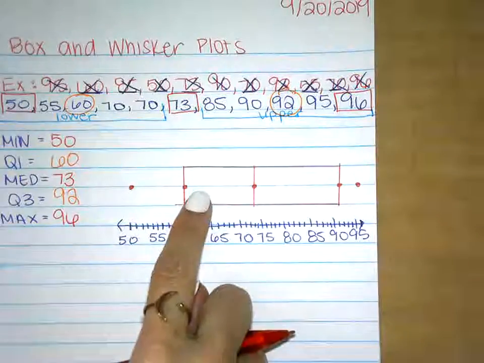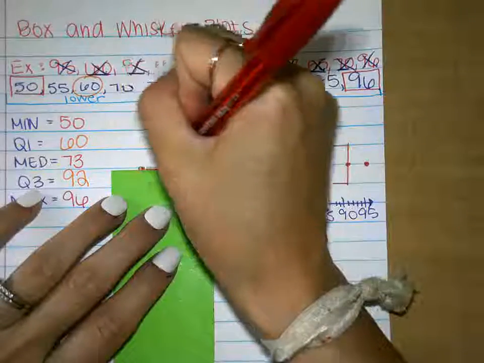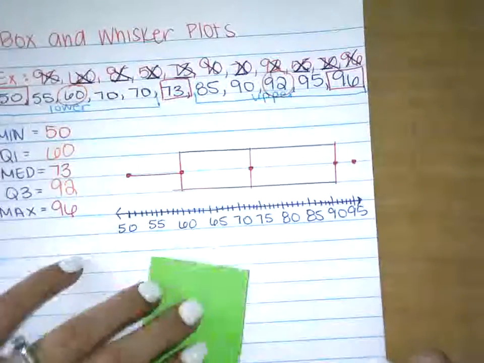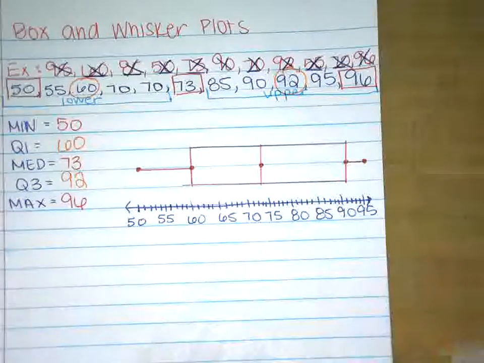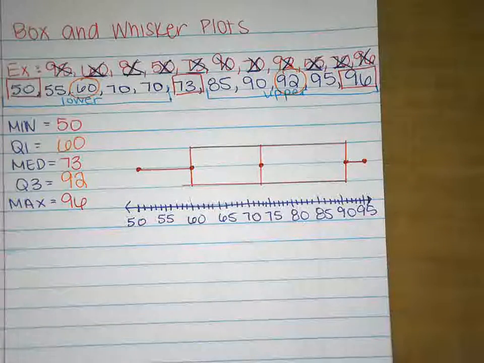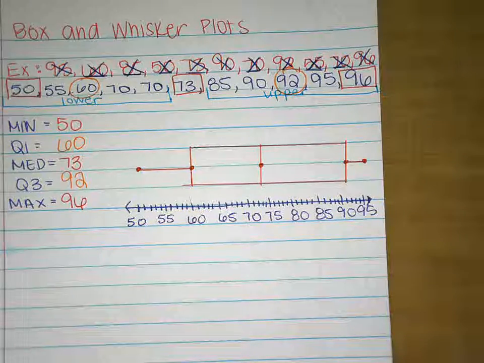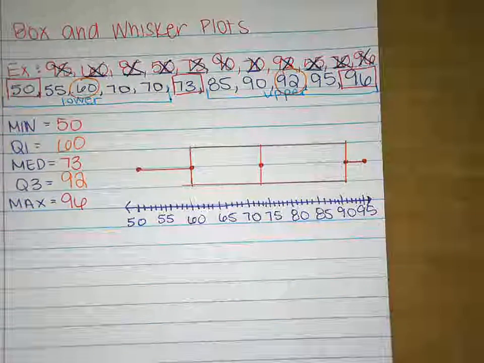This is the box of your box and whisker plot. Now you have to draw the whiskers, which is just a straight line from the outside dot to the second dot and the last dot to the fourth dot. And those are what we call the whiskers. Okay? So that was a very quick overview of that.